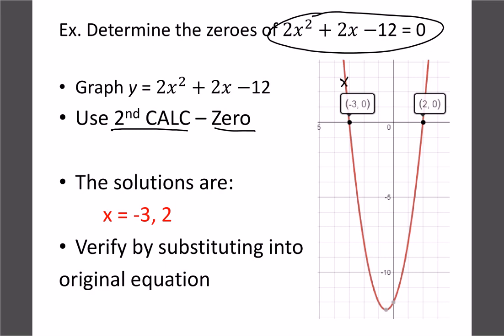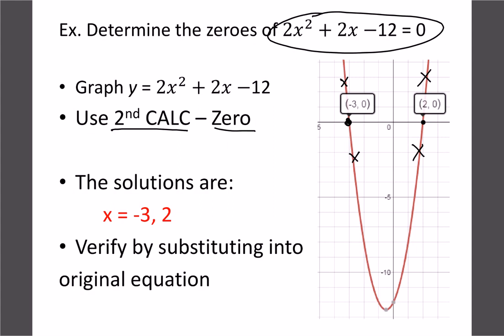So if you move your cursor somewhere over here, that'd be the left of the 0. Go somewhere down there, that'd be the right of the 0, hit enter, and it'll give you -3. Then do it again, go second calc again, go left of the other 0, which will be below, then go right, then hit enter again, and it'll give you the 2. So we know that -3 and 2 are the solutions.